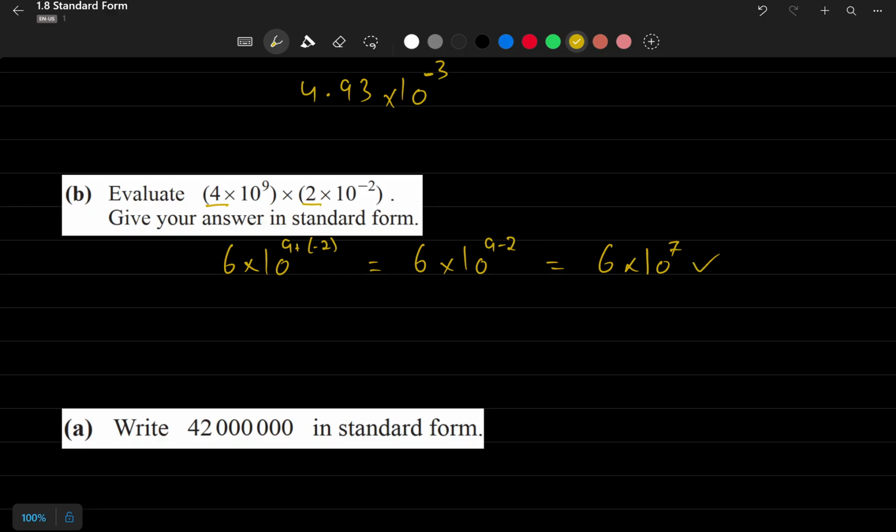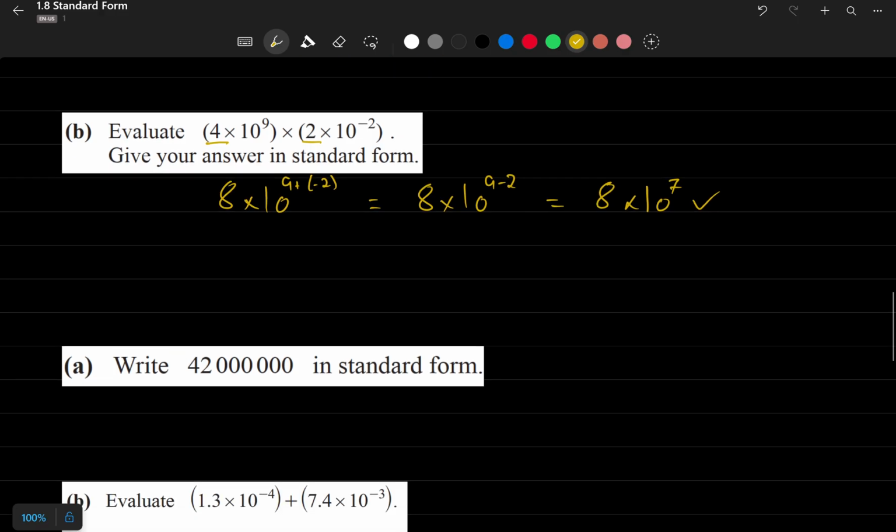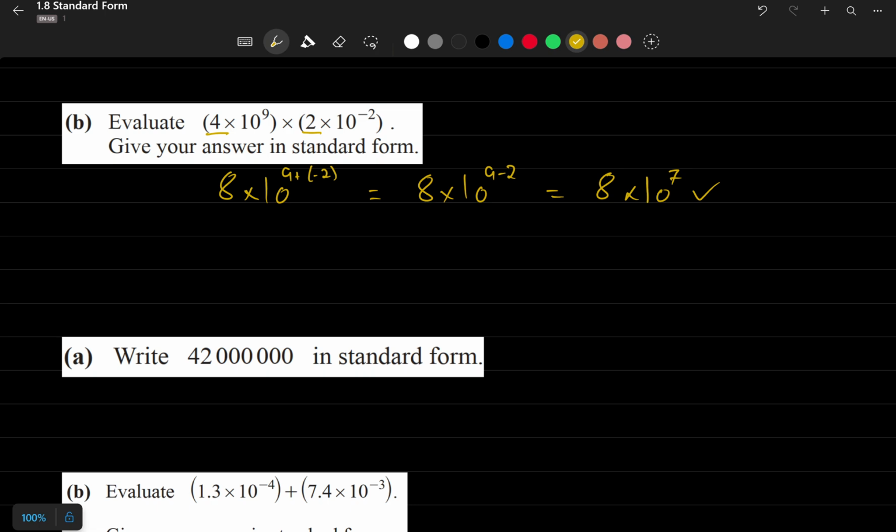So this is your final answer for this question. Sorry, the 4 2s are 8, not 6. 4 2s are 8 and the rest is same. So the final answer is 8 into 10 raised to power 7.